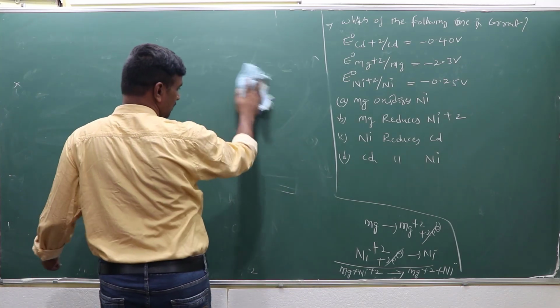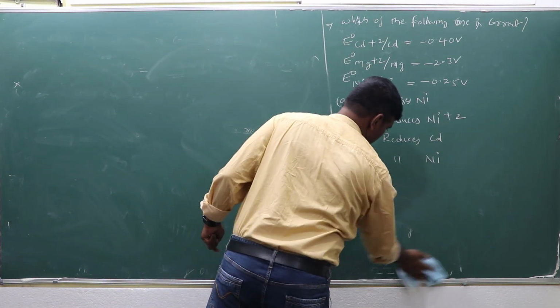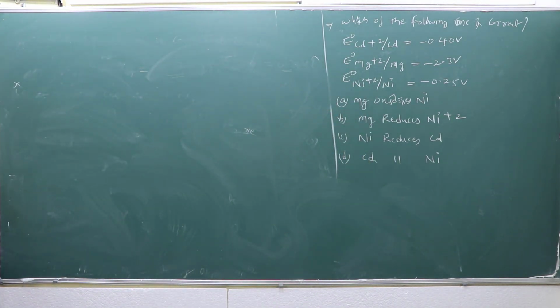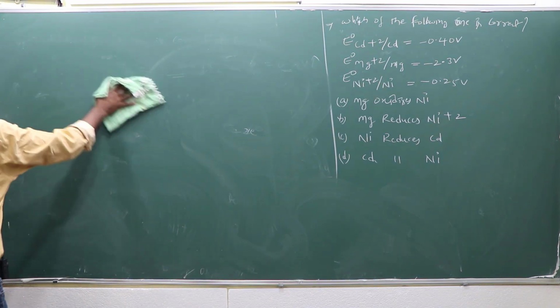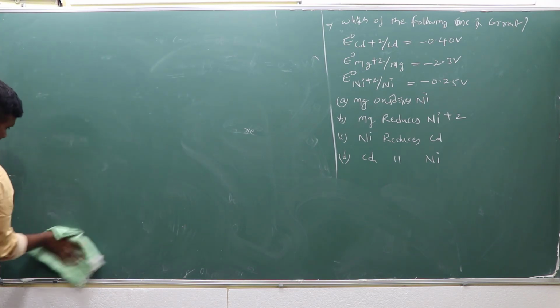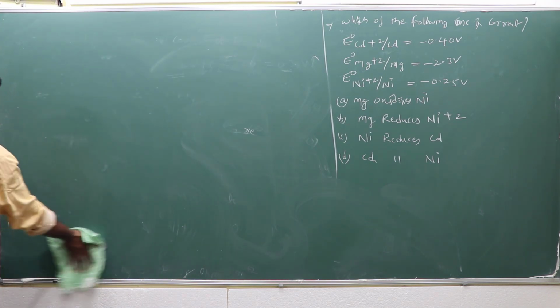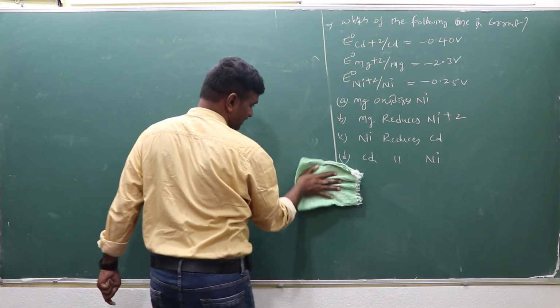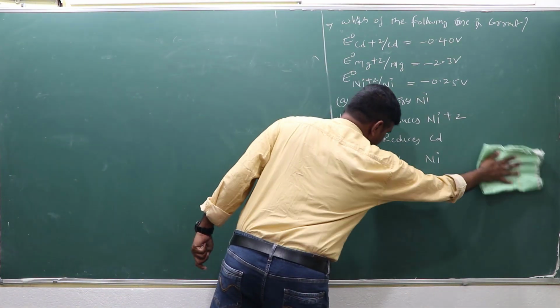All the given values are standard reduction potential values. No problem. Based on the standard reduction potential values, you can compare which one is higher and which is lower. Because where the reduction potential is higher, reduction reaction takes place. Where it is lower, oxidation takes place.